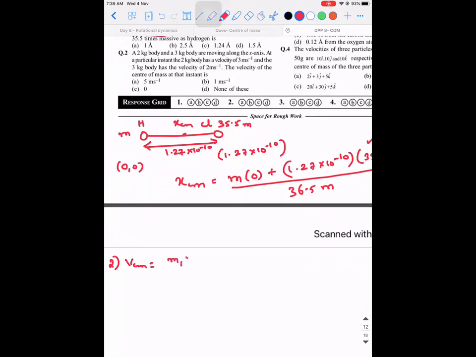It's a simple formula: M1v1 plus M2v2 divided by M1 plus M2. M1 is 2, velocity of that block is 3, plus M2 is 3 and the velocity of that block is 2, divided by M1 plus M2, that is 5. So 6 plus 6, that is 12 divided by 5 meters per second.